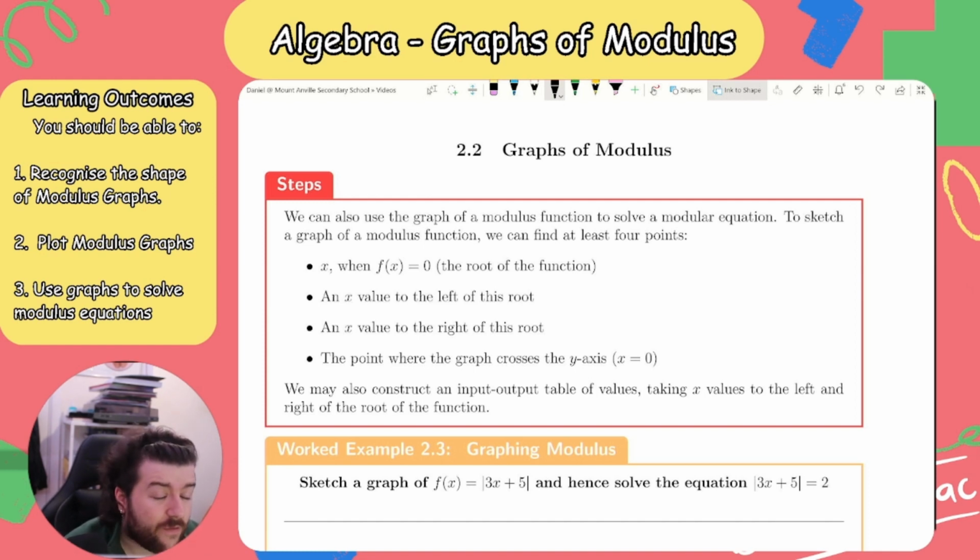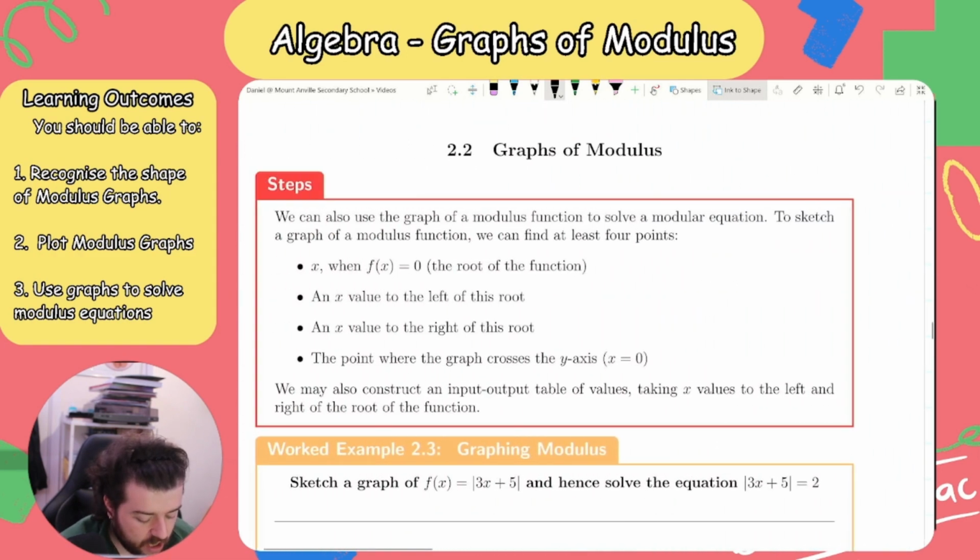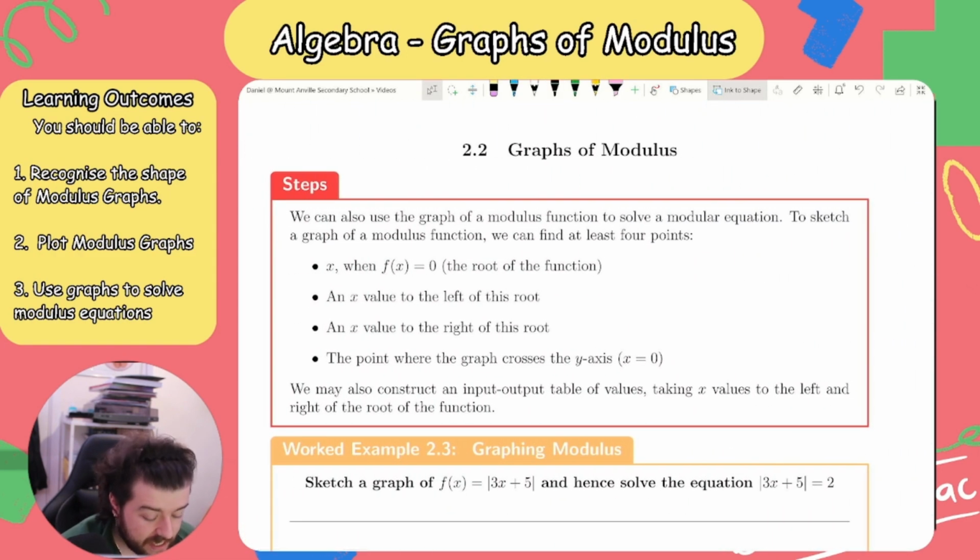First, we can find x when f of x equals 0, the root of the function. When my modulus graph equals 0, that is the apex, the pointy bit of my modulus function, where it touches the x-axis.